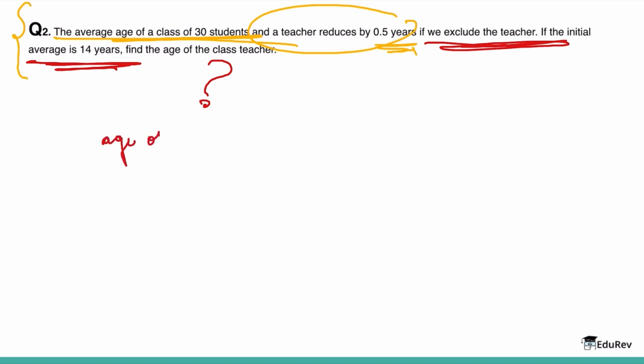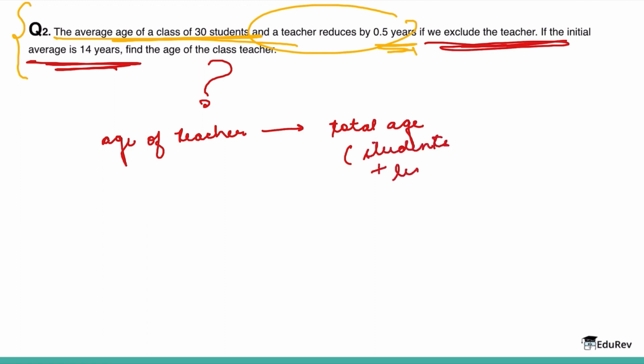So the age of the teacher is going to be nothing but the total age of students plus teacher, subtracting the total age of students from it.